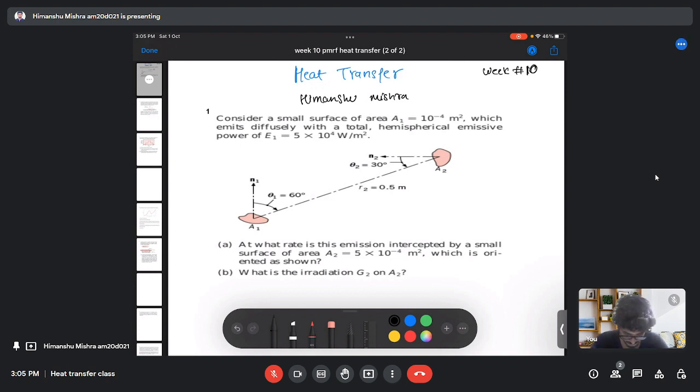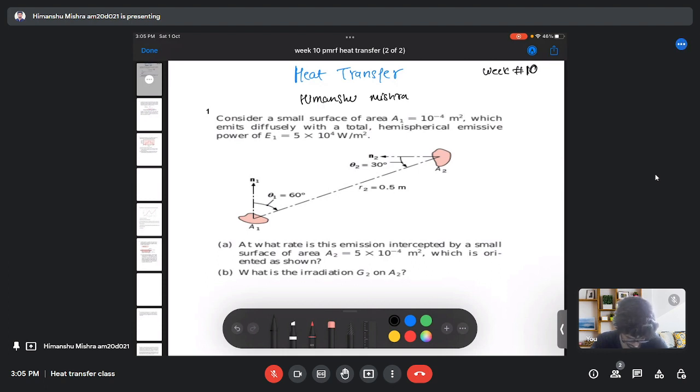In question number one, we have a small surface area A1 of 10 to the power minus 4 meters square, and it emits diffusively with a total hemispherical emissive power of 5 times 10 to the power 4 watt per meter square.